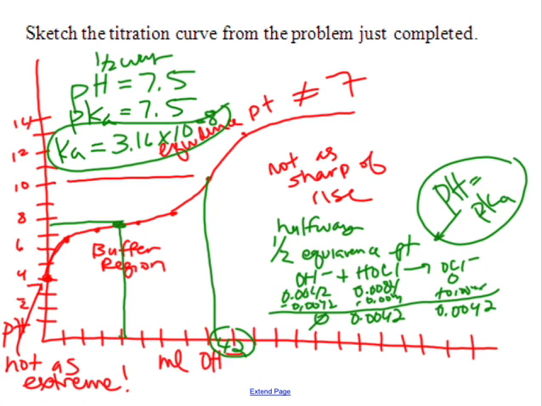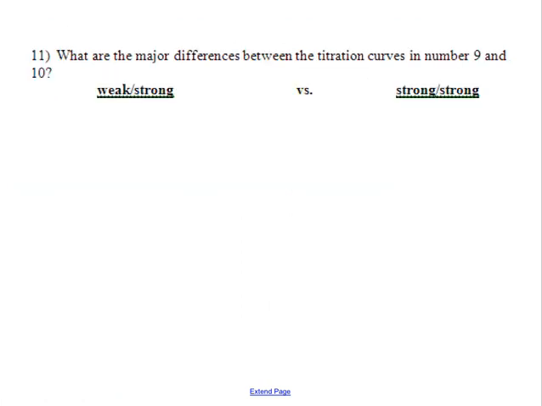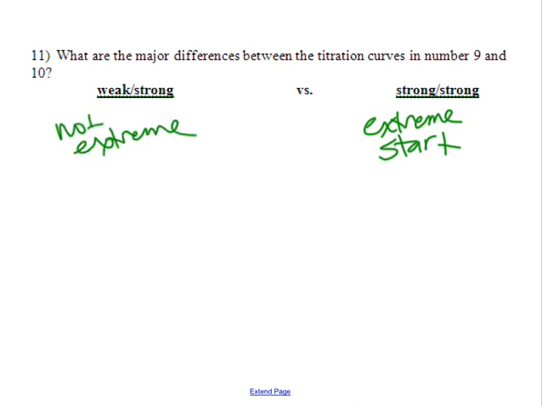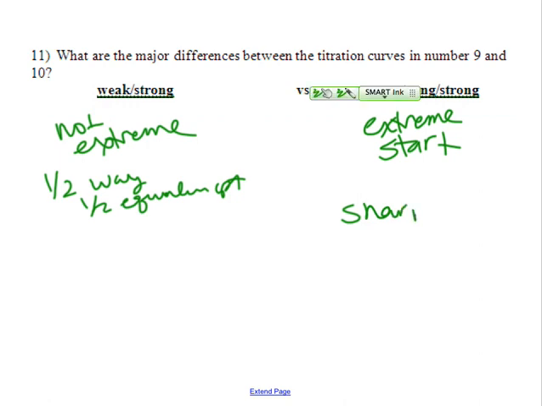All right, let me just sum it all up again. If the bell rings, don't move. I don't need much time. Weak-strong versus strong-strong. Extreme start, meaning high or low, not extreme. What else? Differences. Well, this one has a halfway point or a half equivalence, sure. What else about the curve? Sharp rise, not as sharp.